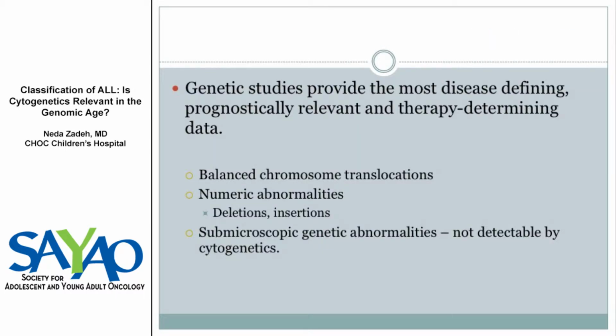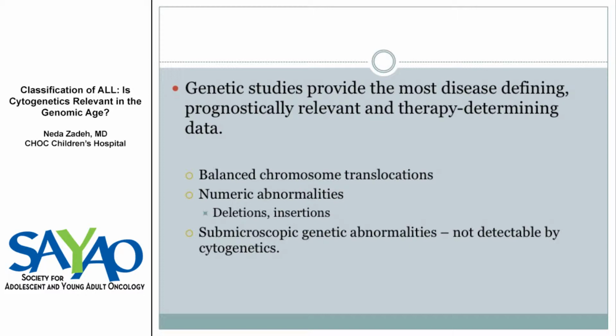So in short, I think genetic studies are essential and provide the most disease-defining, prognostically relevant, and therapy-determining data. However, due to the range of aberrations that I talked about, it's very obvious that we need different cytogenetic and molecular genetic technologies to ascertain them.